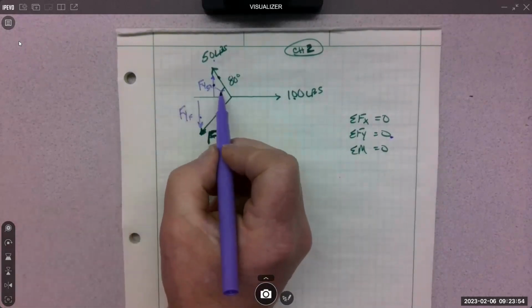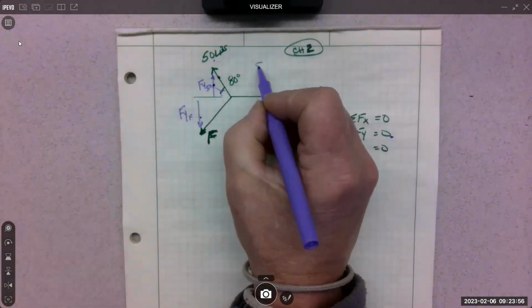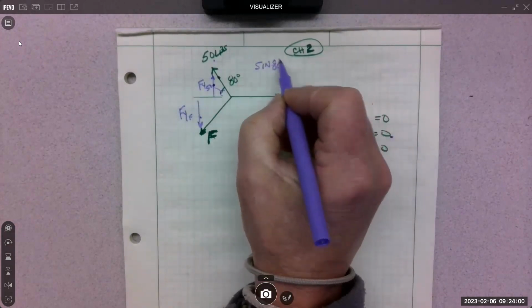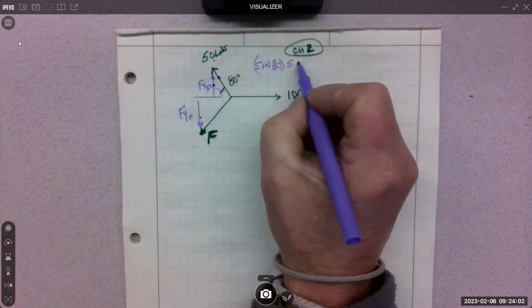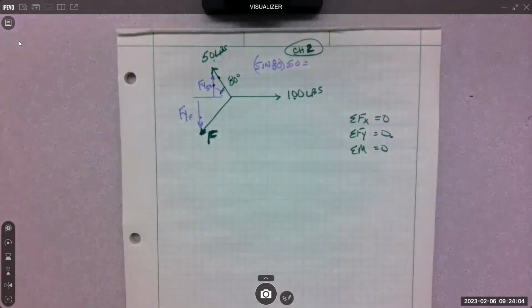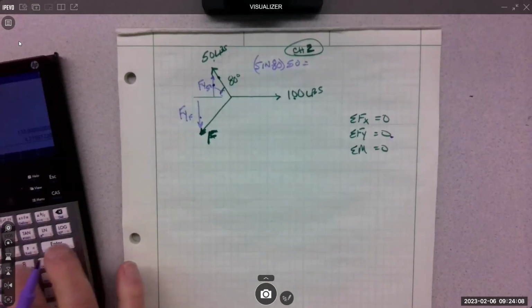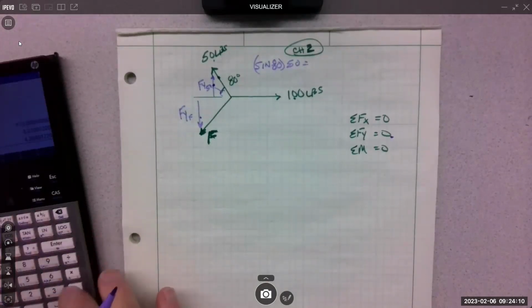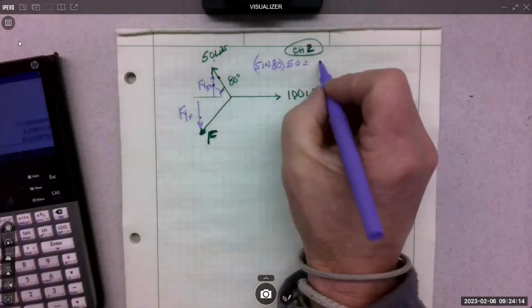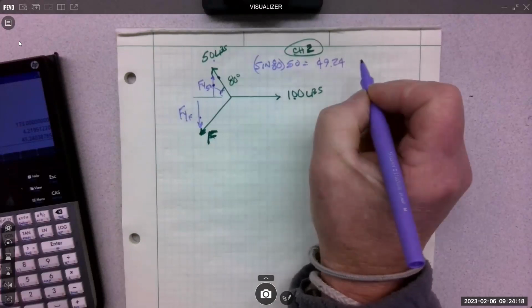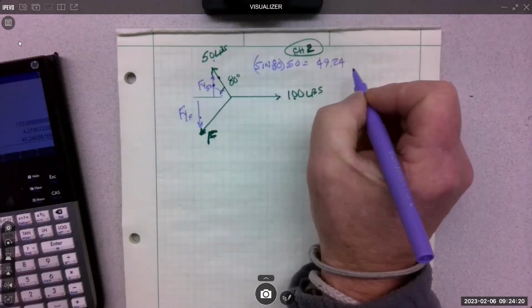This is opposite the 80. Careful. Sine 80 times 50. What is that? 49.2404.